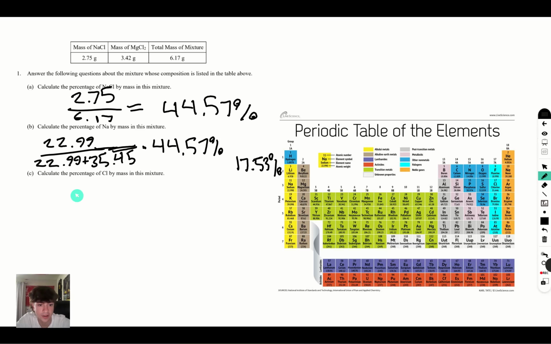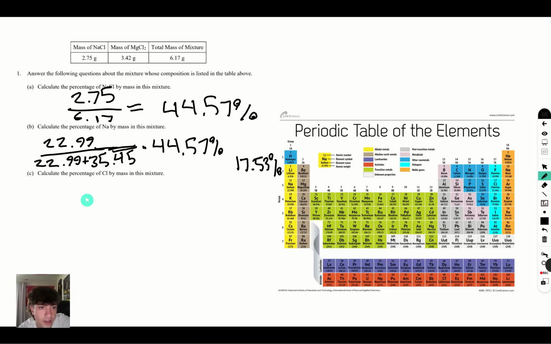Now we're asked to calculate the percentage of chlorine by mass in this mixture. The way you want to do this is by finding how much chlorine there is by percentage in both NaCl and MgCl2.